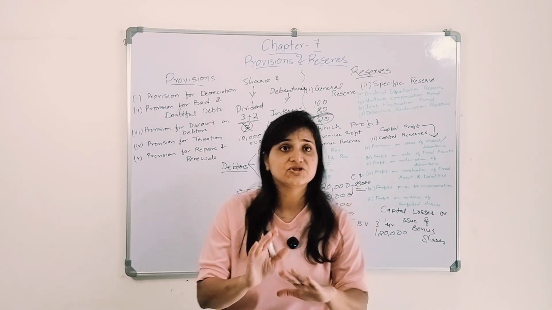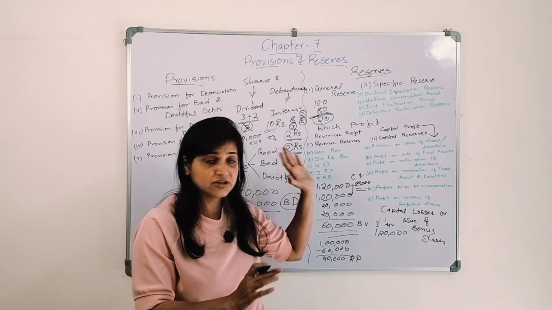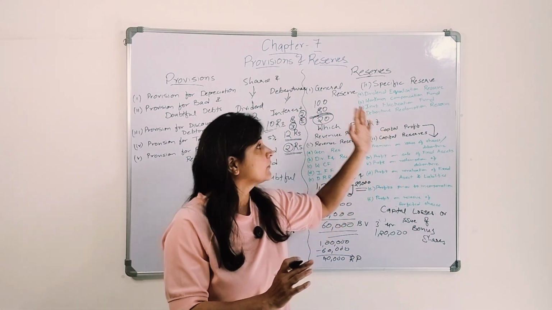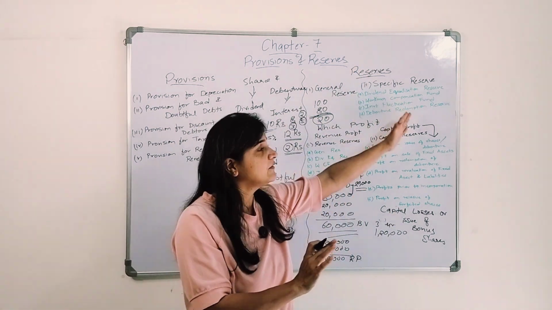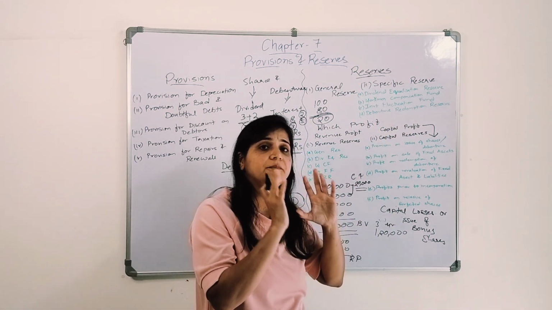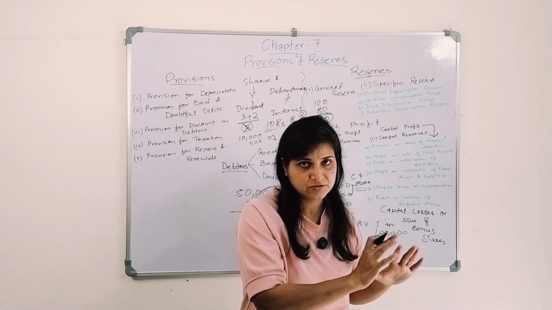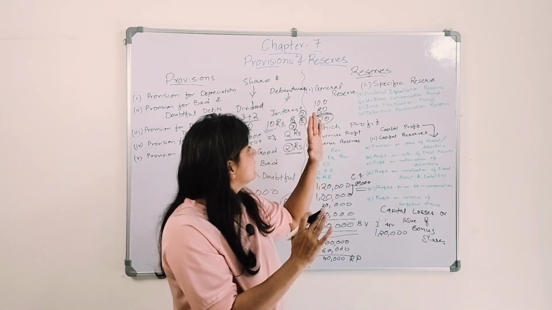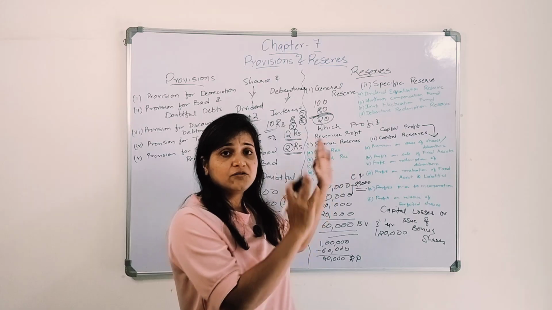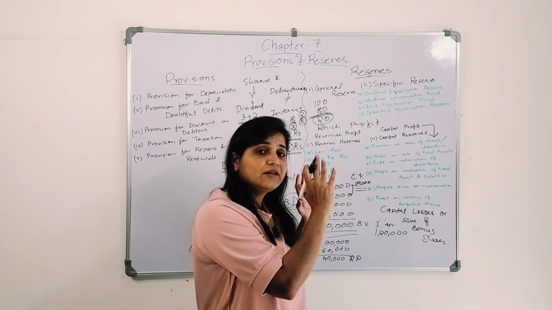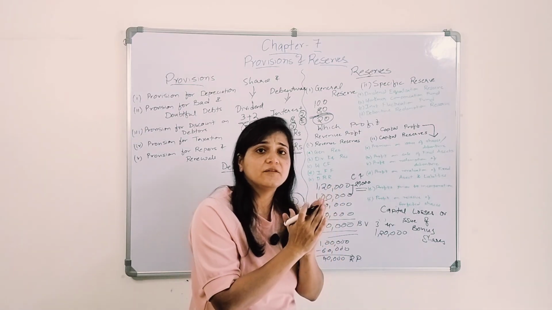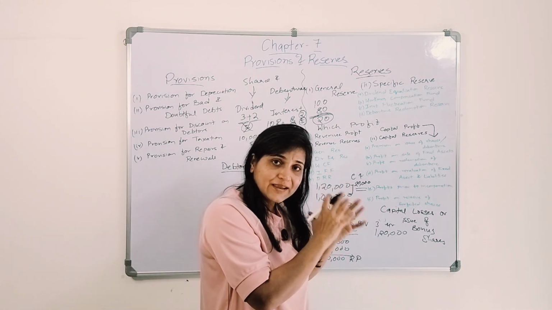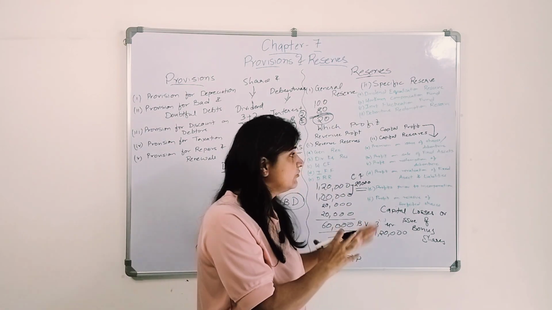Understood? What is a provision? What is a reserve? General reserve, for any purpose they can use. Specific reserve, for a specific purpose they have to keep those reserves. Those reserves can be categorized into two: revenue reserve and capital reserve. Revenue reserve means which you take out from the revenue profit.